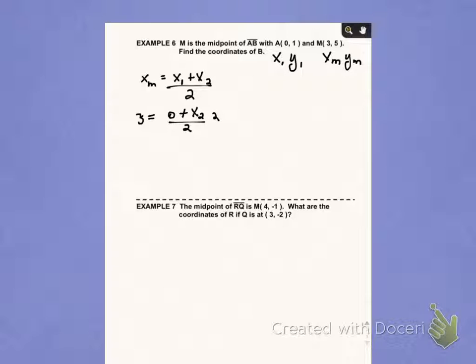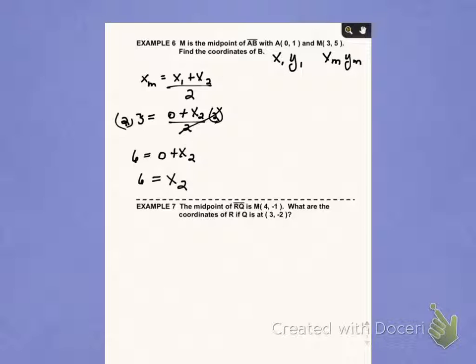So when you do that, those 2's cancel out to be 1. So you have 6 equals 0 plus x2. Well, I'll subtract 0 across, so x2 is 6.